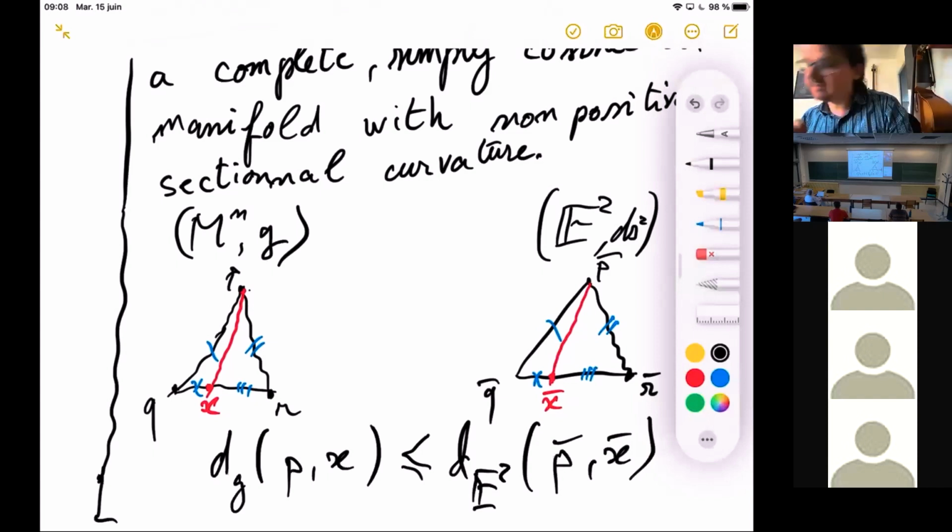So that was what Gilles was talking about yesterday in the second lecture. But here, with just a zero curvature bound, we have this notion of thinness of a triangle, which is not as extreme as delta hyperbolicity, but already has a lot of consequences.